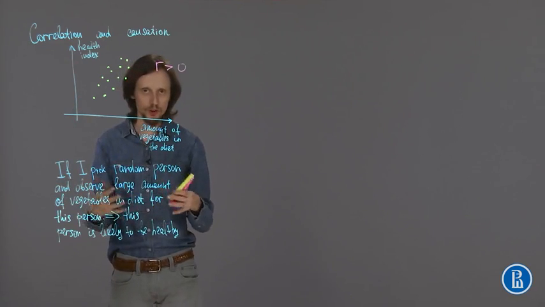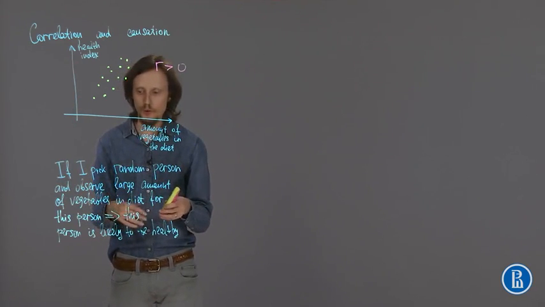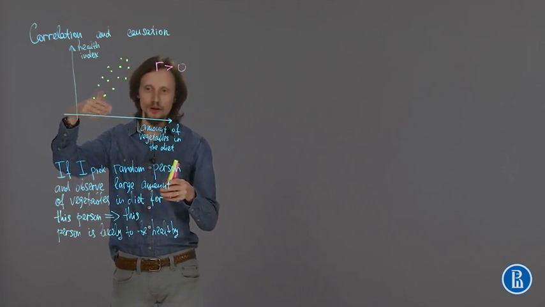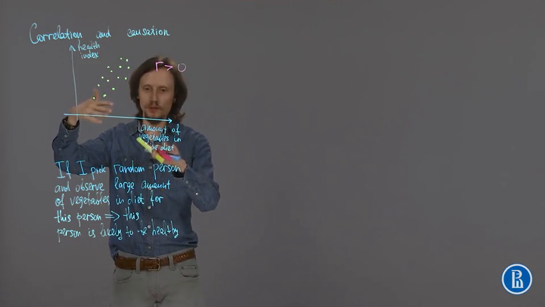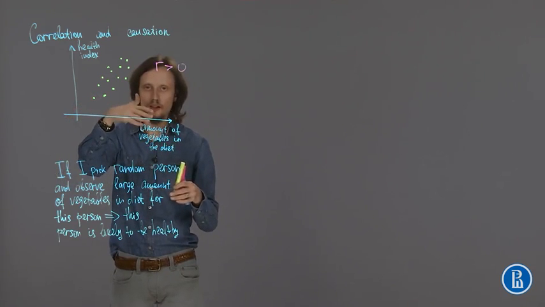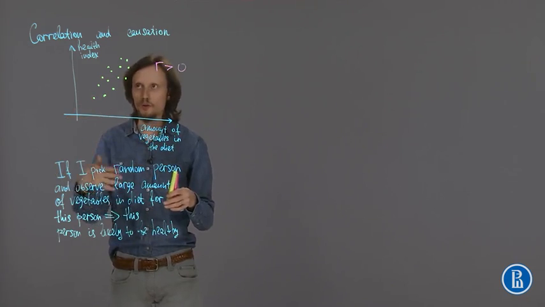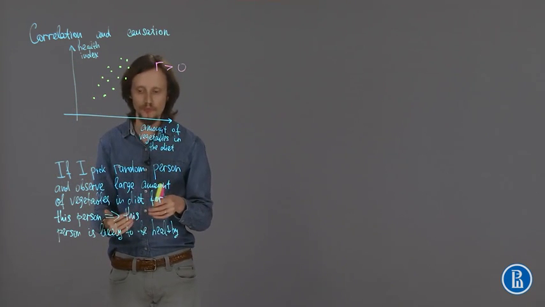If we want to give an advice, we have to consider a little bit different question. We have to say, if a particular person switch from low level of vegetables in their diet to high level of vegetables, or vice versa, how it will change their index.